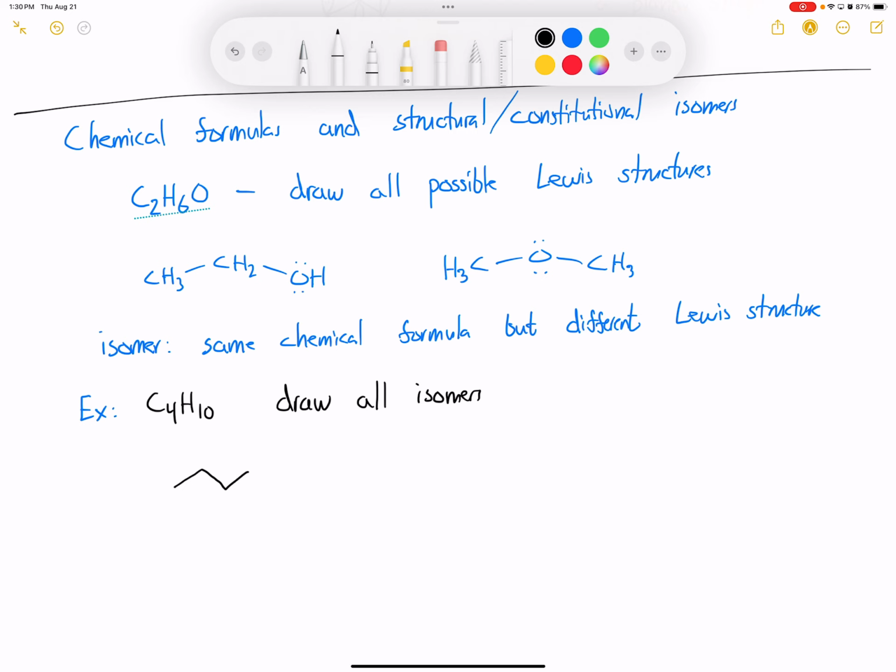so how can I draw a different one? Flip it. Can you start from the top? Okay, so. Maybe now. All right. So let's take one of the ends, right, and place it maybe towards one of the central CH2s. Okay. So let's do something like this.